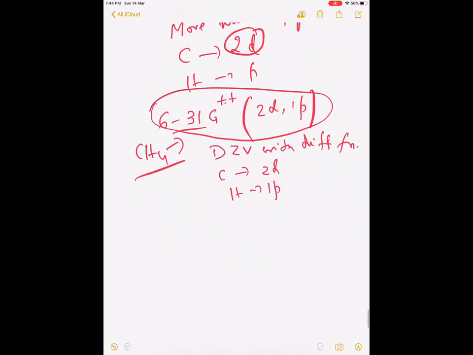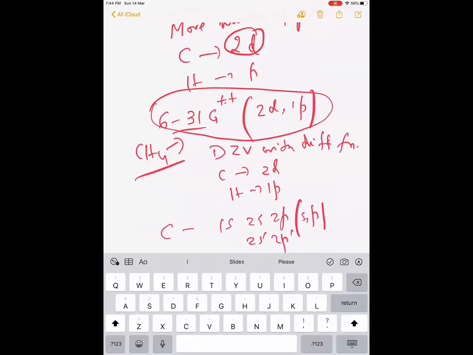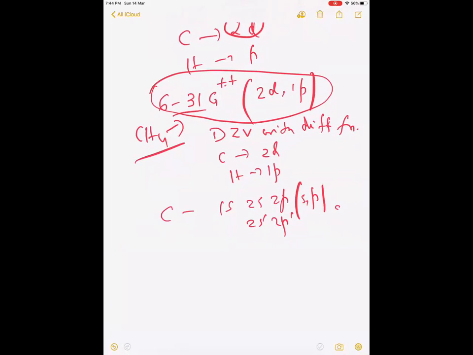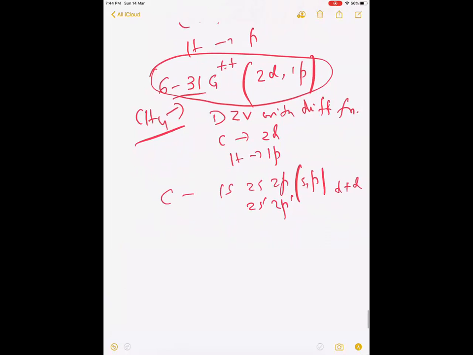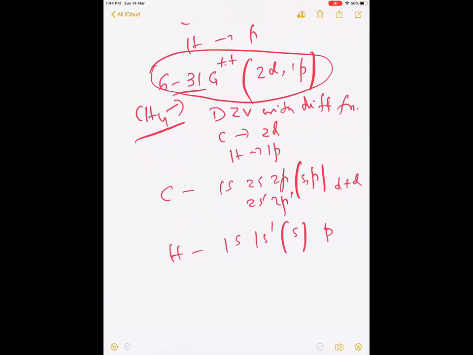So if I do the calculation, carbon is exactly like 1s, 2s, 2p, 2s prime, 2p prime, and 1 diffuse sp. So it's like a triple zeta valence, but now I have 2d functions. So d plus d. For hydrogen, it will be again 1s, 1s prime, and then one more s function, which is the diffuse, plus 1p function. Because I have written 2d, 1p.